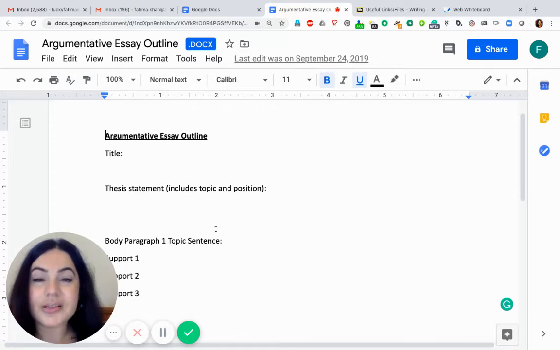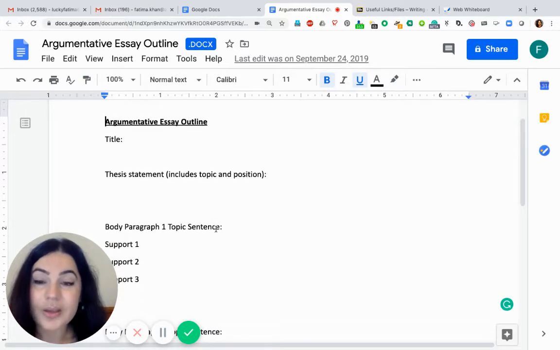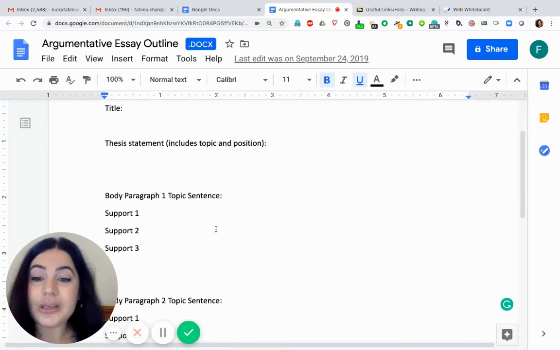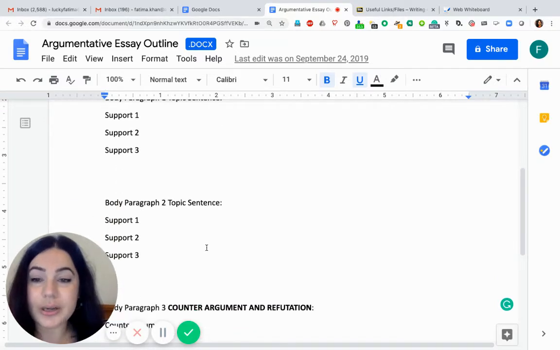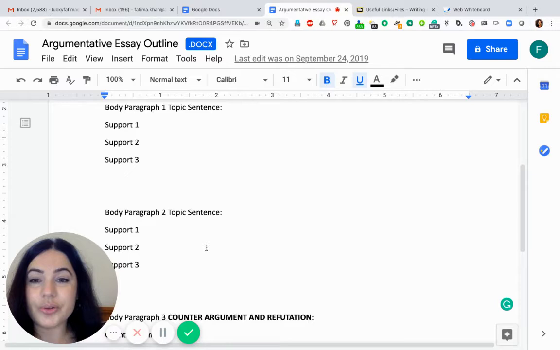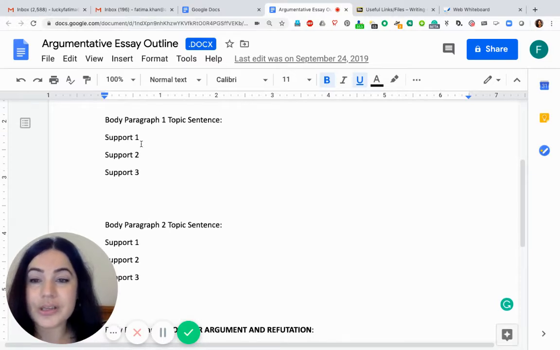And the author says, yes, smoking should be banned in public places because reason 1 will be in body paragraph 1 and reason 2 will be in body paragraph 2. Just as you've learned before, there'll be one main reason and 2 to 3 supports, a second main reason and 2 to 3 supports. Same as we've learned before, okay?